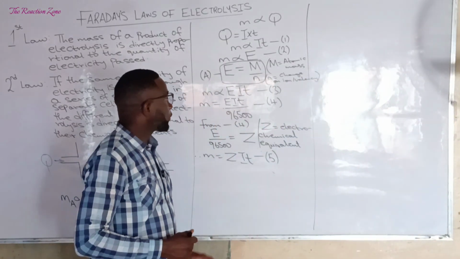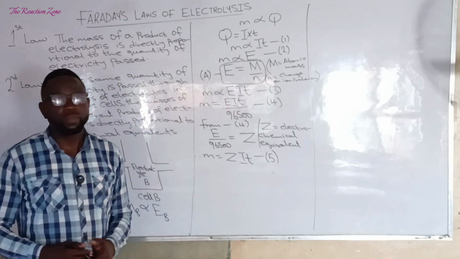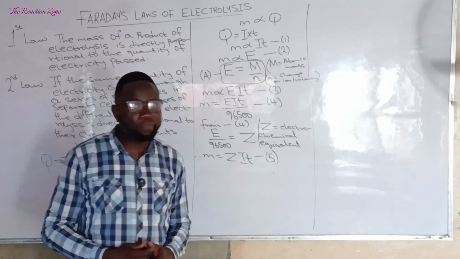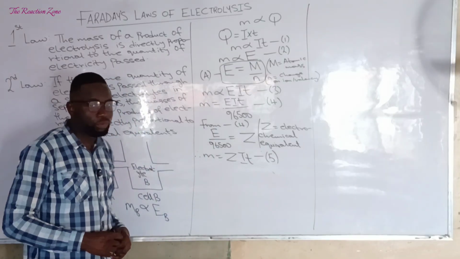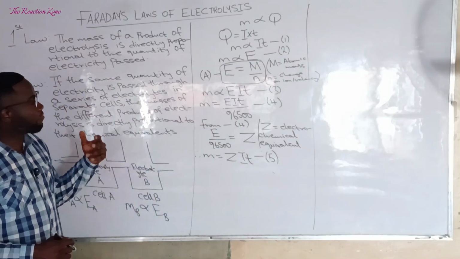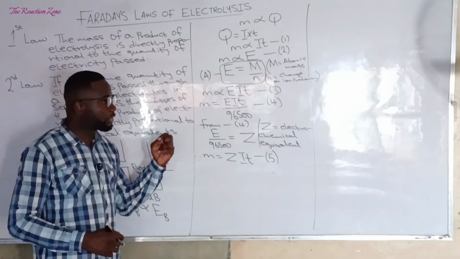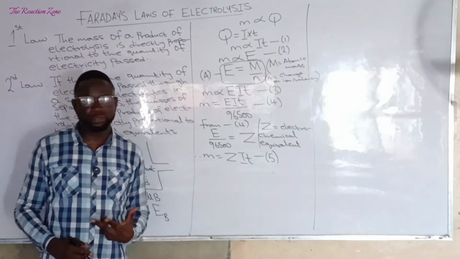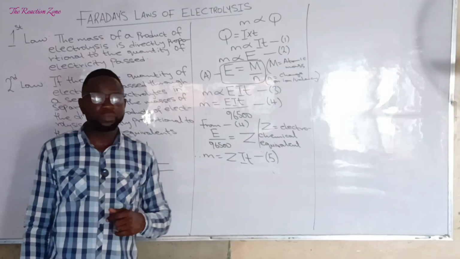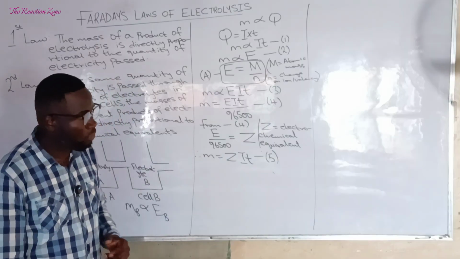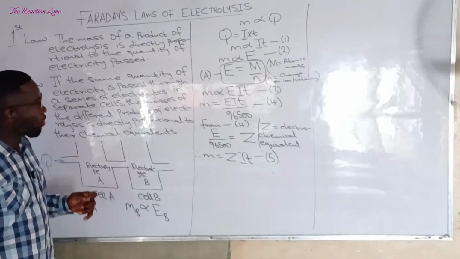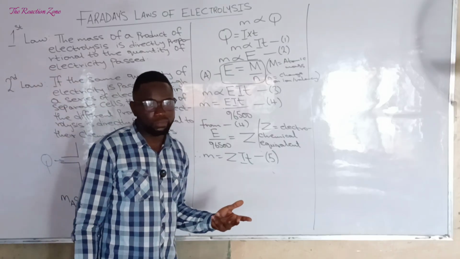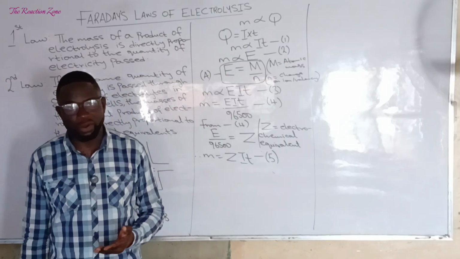Now, let's start with E. E, which is the chemical equivalence, simply refers to the mass of a substance that reacts or is produced when 1 mole of an electron is involved in a chemical reaction.